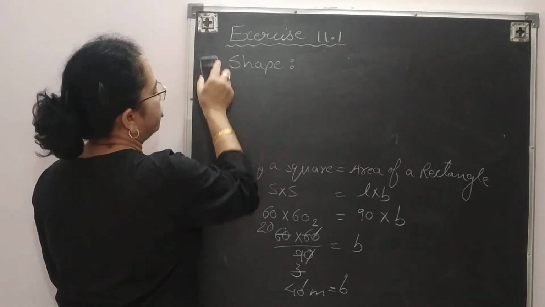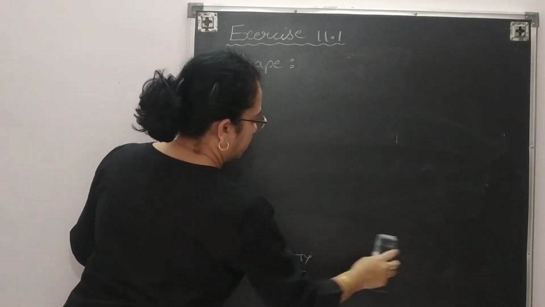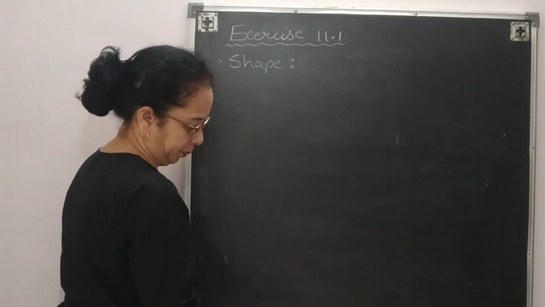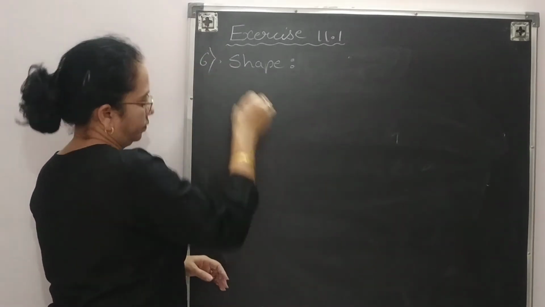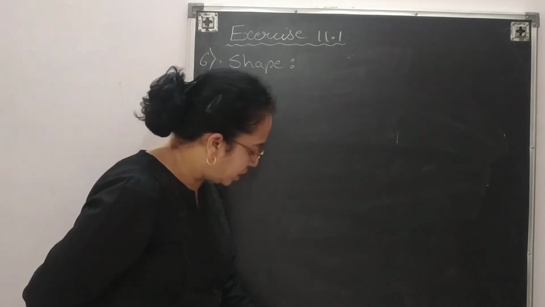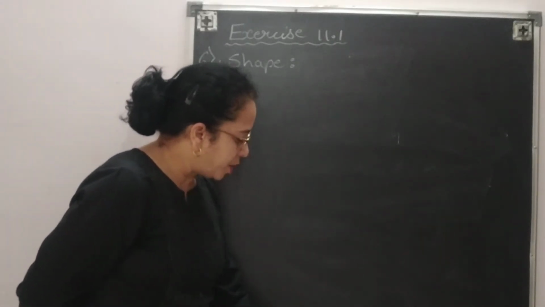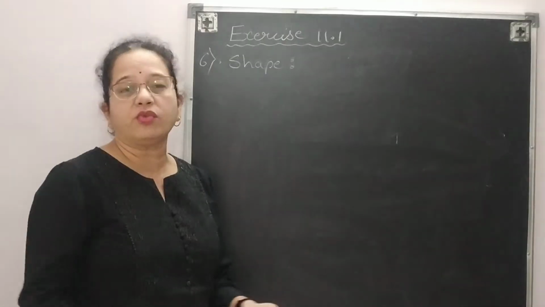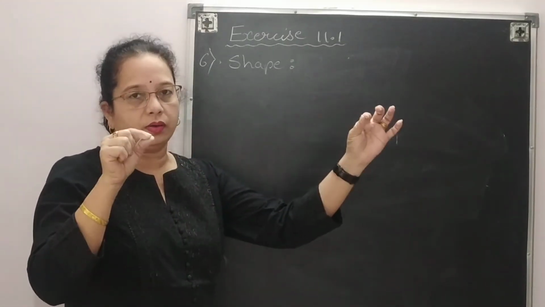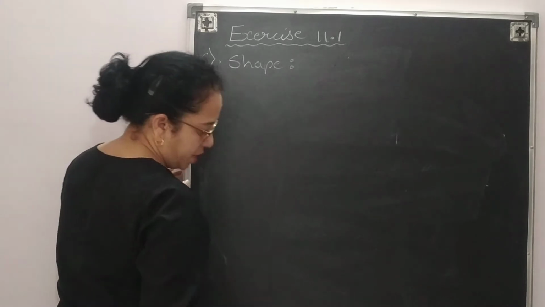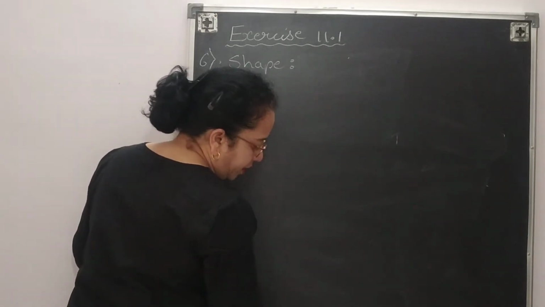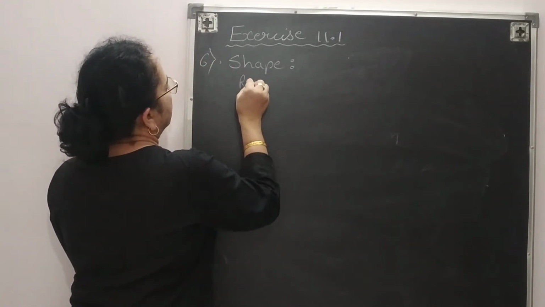Now next is question number 6. A wire is in the shape of a rectangle. You can just imagine one wire or one thread. Okay. So the shape it is given here. It is in the shape of a rectangle.